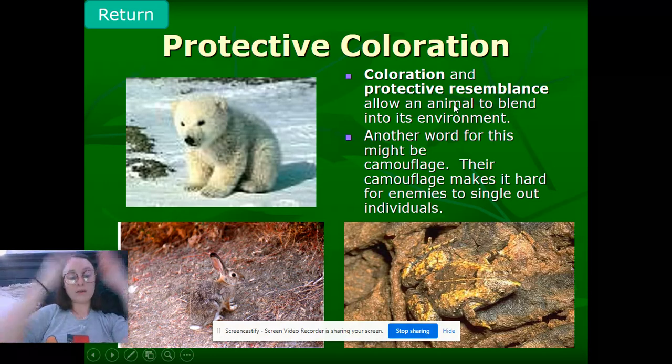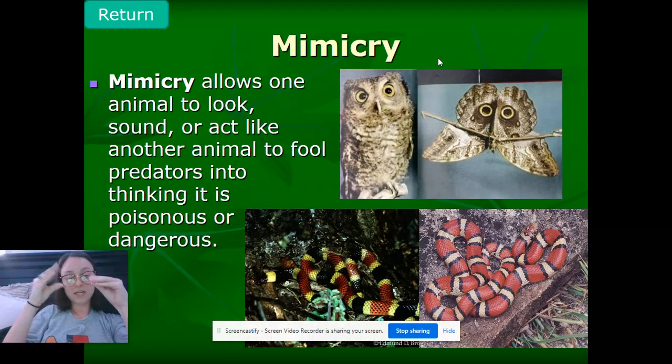Okay, so far we have structural adaptation, how my animal's built, protective coloration, and finally, mimicry. What's mimicry? You're right. Mimicry is when an animal copies how they look, how they sound, or how they act.